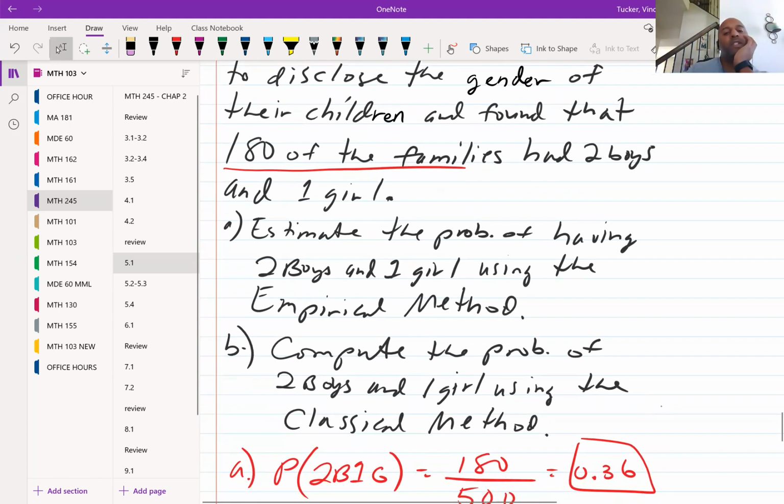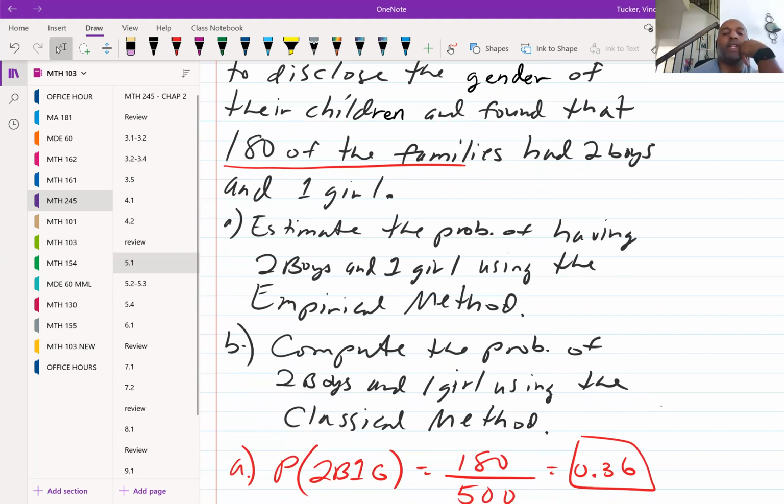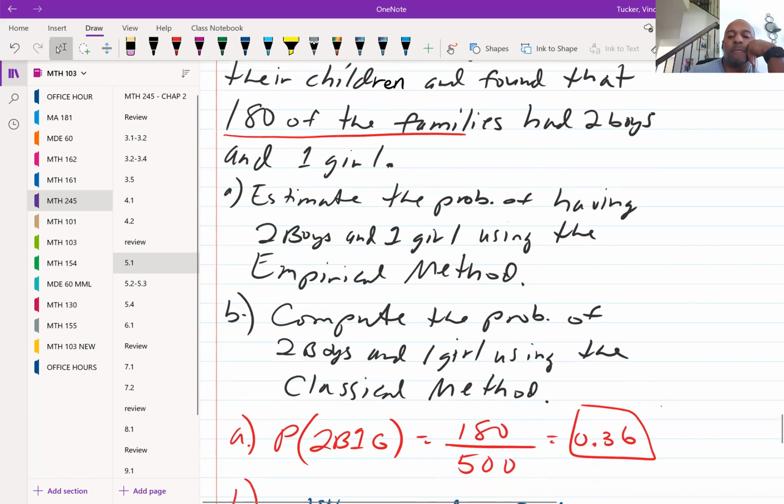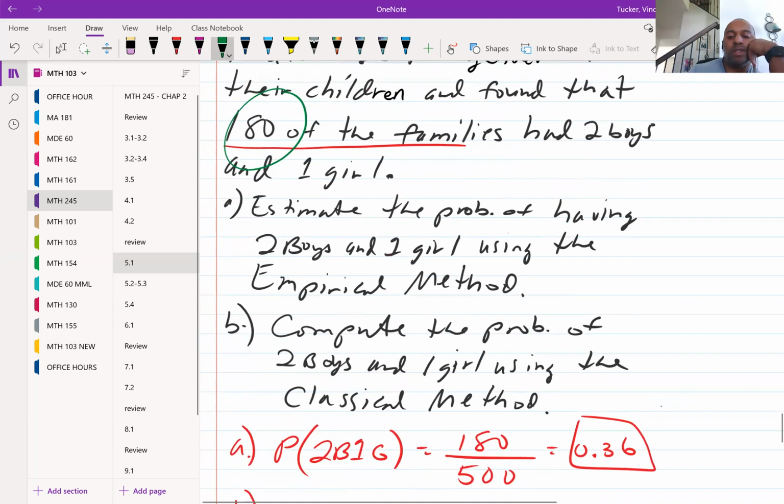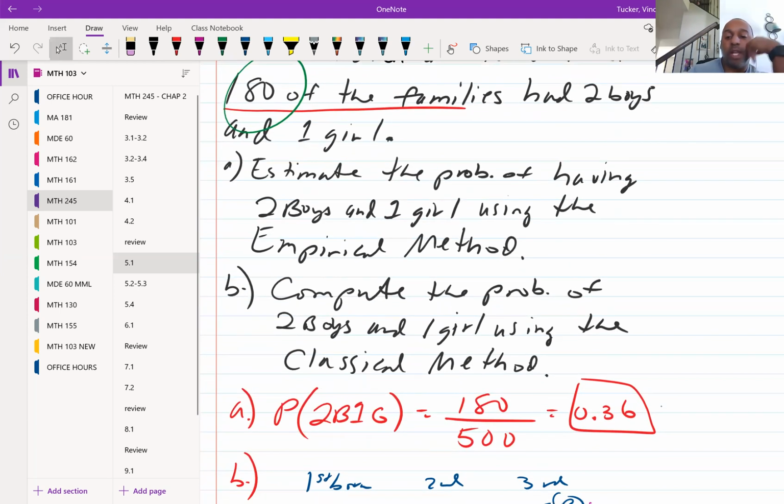All right. So A, we wanted to estimate the probability of having 2 boys and 1 girl using the empirical method. So you go back to your problem, we have 180 families. They have 2 boys and 1 girl, but totally we have 500 families that were surveyed. So we just do the 180 over 500, and that's 0.36.